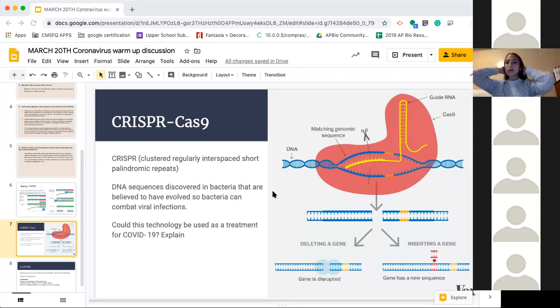Okay, let's remember that COVID-19 is not like HIV, right? It doesn't insert its DNA into our DNA. It doesn't actually have DNA, it's RNA. It uses the cell to replicate itself.